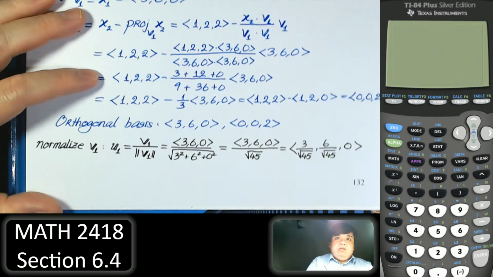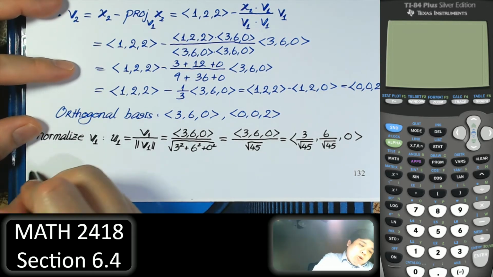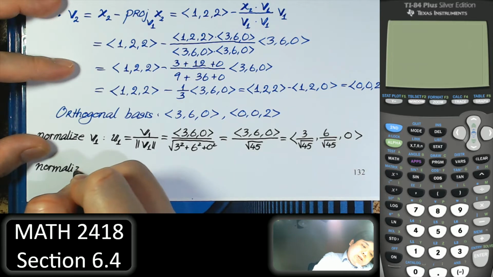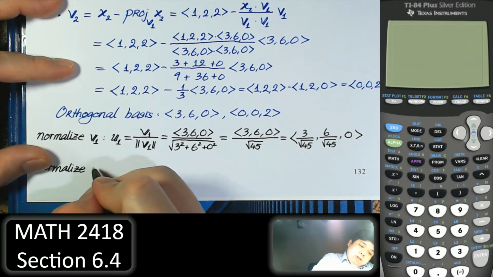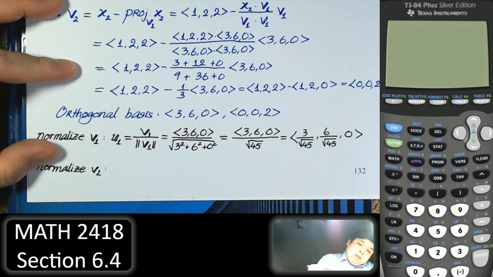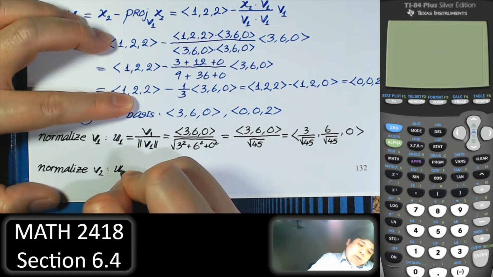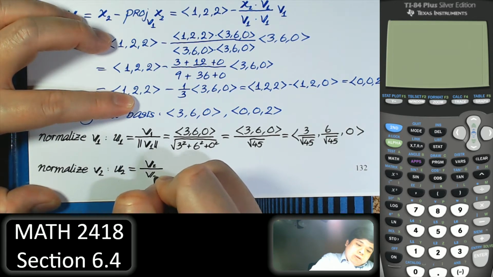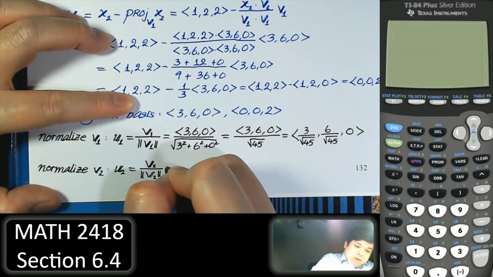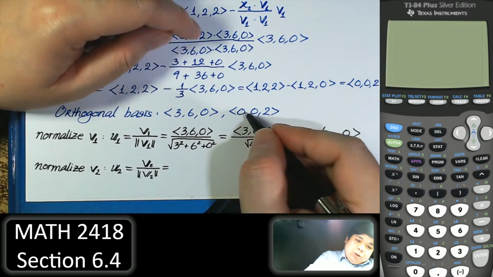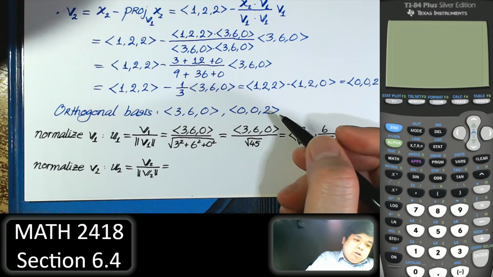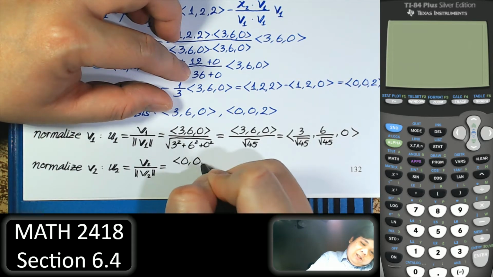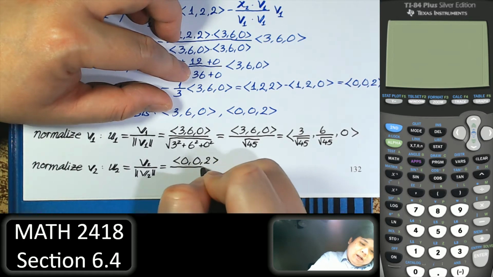So we normalize v1, and then we normalize v2. So u2 is v2, which is 0, 0, 2, sorry, and then we divide by the magnitude.